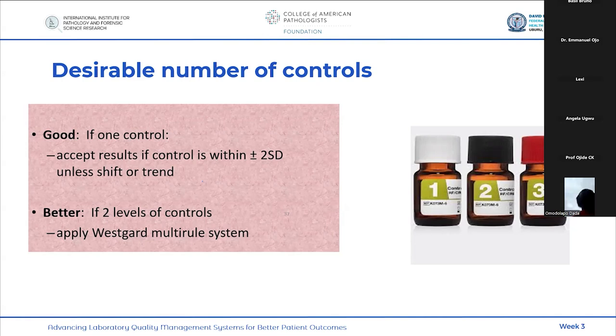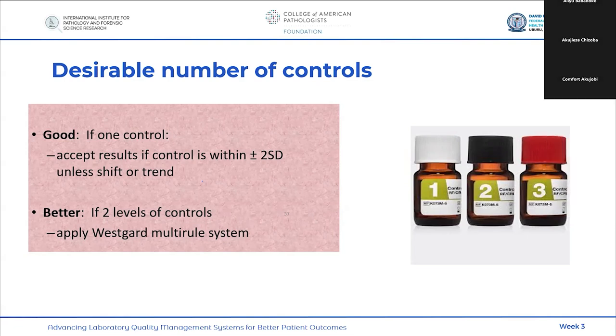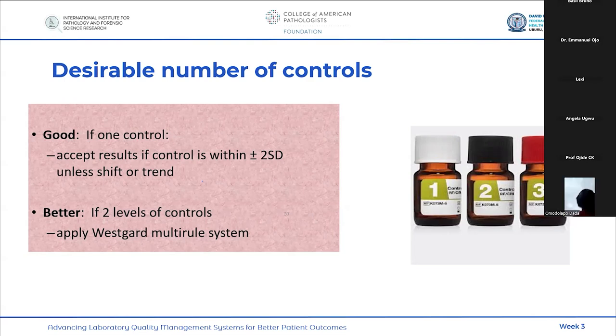So also for one level of control, you cannot apply Westgard multi-rule system, which will help you to monitor the performance of your quality control data. And of course, we'll be talking about Westgard rules.